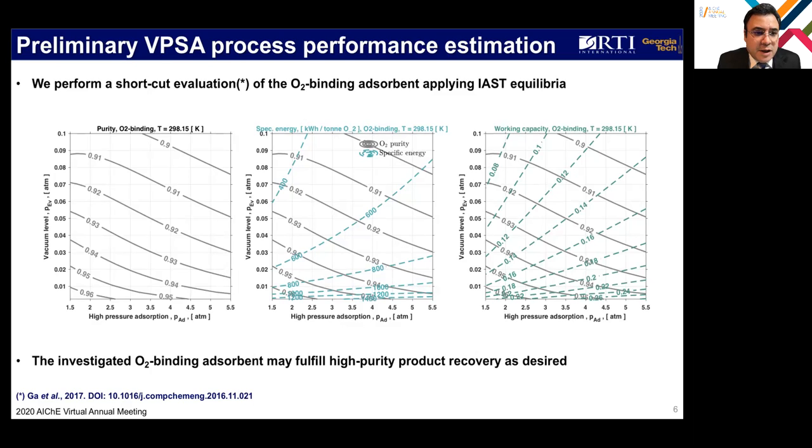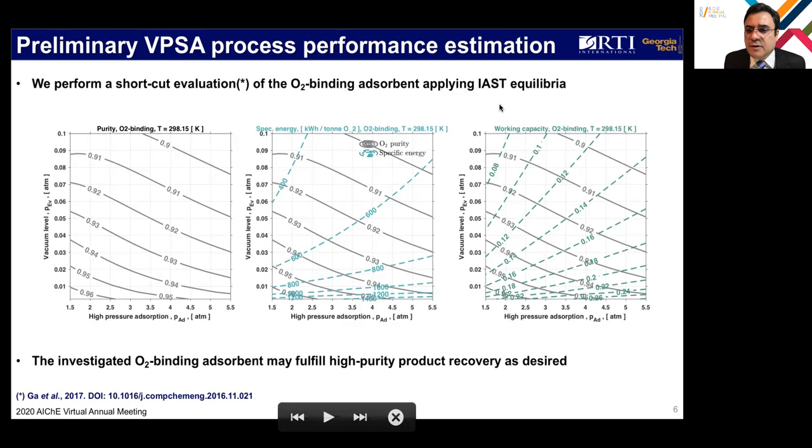The first one is that under relatively mild conditions for a PSA cycle, we could potentially obtain very high purity of the product, higher than 90%, at a relatively low energy consumption of between 400 and 600, 800 kilowatt hour per ton oxygen at room temperature. One of the things that one can also compute using ideal adsorbed solution theory, for this material, just from the adsorption equilibrium, is the working capacity.